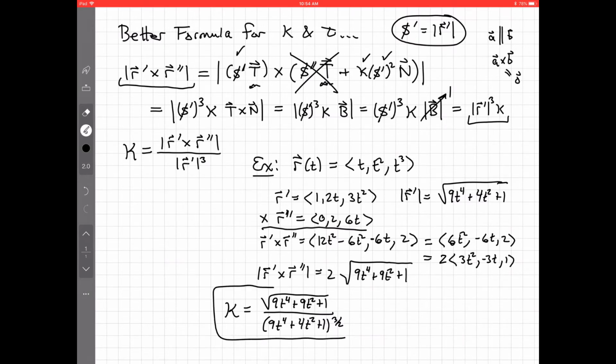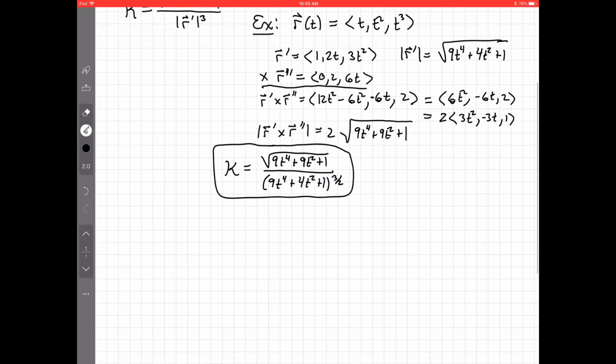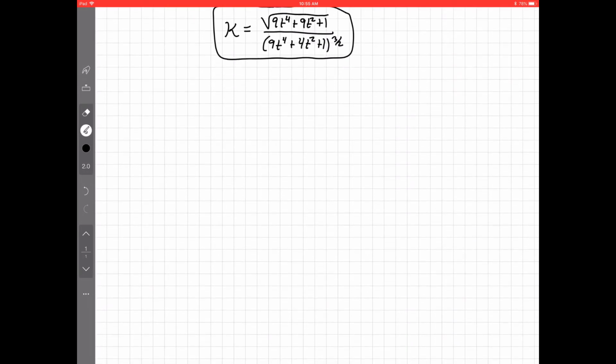Okay. So it's relatively easy to compute curvature, find a formula for it, if we use this formula. Let's go ahead and mention that we can also use this formula for curvature to find a nicer formula for tangential and normal components. Keep in mind that the normal component for acceleration is kappa times the length of r prime squared.